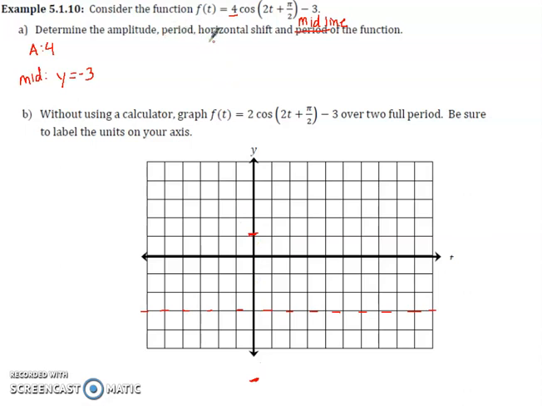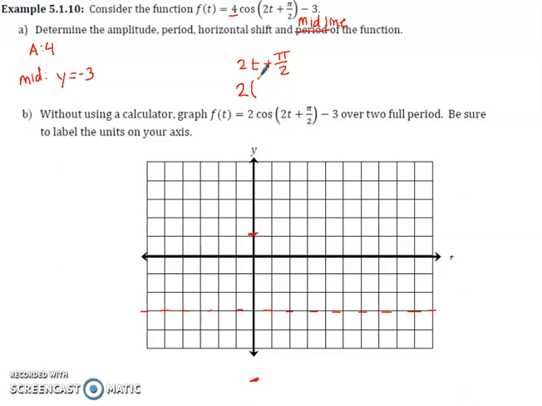Now to identify my period and my horizontal shift, I am just going to focus on the input to that cosine function. So I'm just focusing on the 2t plus pi over 2. If there is a coefficient on that t value, that will tell us what our period is. But in order to identify the horizontal shift, I need to factor out that coefficient from the rest of my expression.